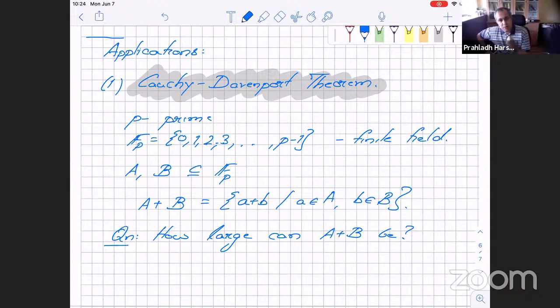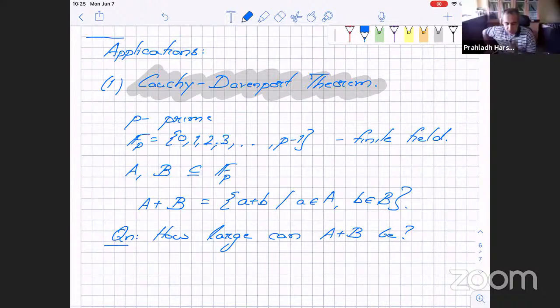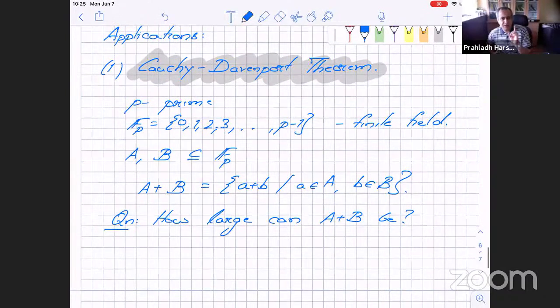What's the best setting of things to keep it as small as possible? Is it |A| plus |B|? That was a guess. Maybe |A| times |B|? No, I want to say it can be much, much larger than that.